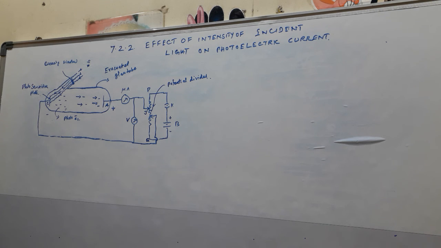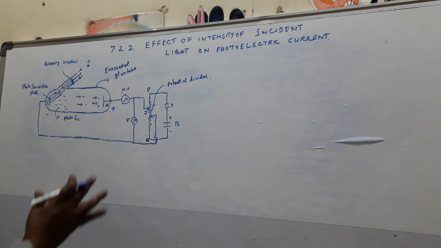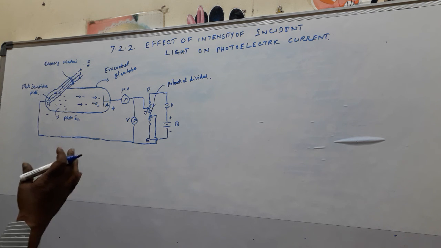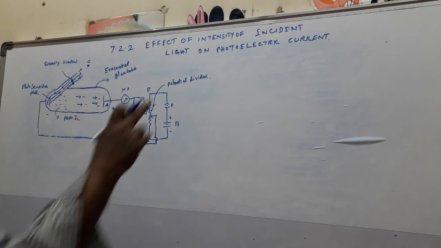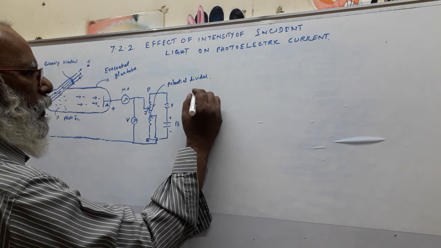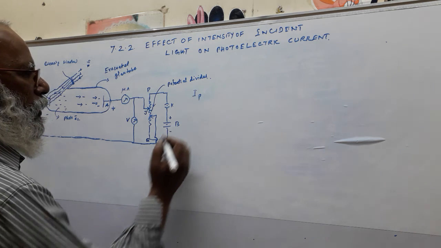Now, if you want to study the experimental phenomena of the photoelectric current, what are the causes of the current? IP is generally denoted as the photoelectric current.